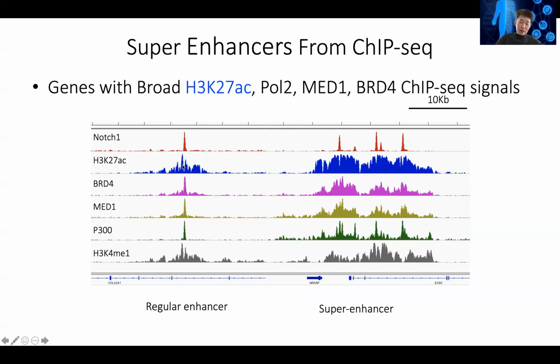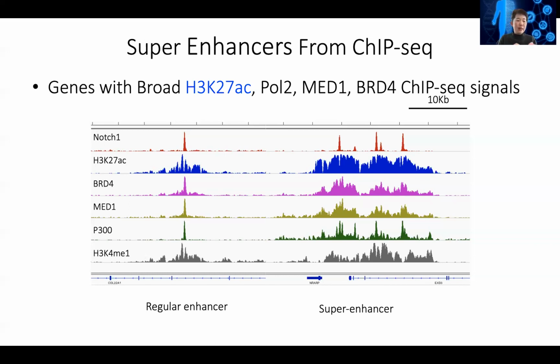And so using this K27 acetylation signal, not only can we identify where the enhancers are and what transcription factors might be important, you can also see which regions are these super enhancer regions that indicate that the nearby genes are very, very important, that might be important for differentiation, the cell lineage, and also the disease-dependent genes.